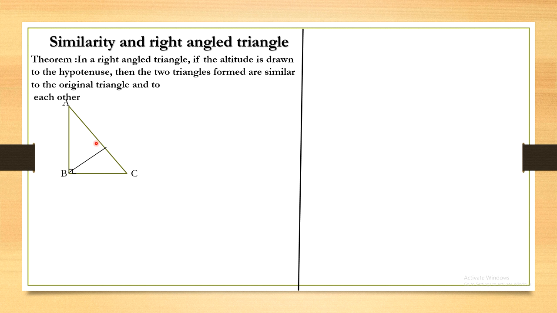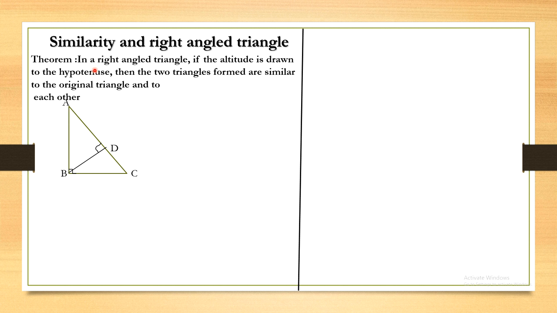This is altitude, so it makes an angle of 90 degree, and let us denote this point by point D. Okay, then what we have to prove? The two triangles formed, that means here you can observe that triangle ADB and triangle BDC, these two small right angle triangles are formed. These are similar to the original right angle triangle, that is triangle ABC.